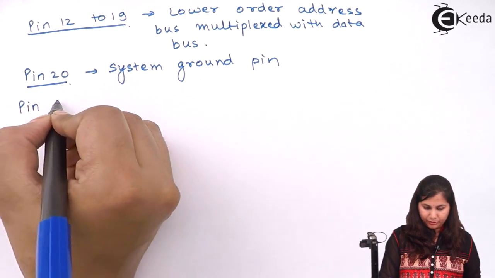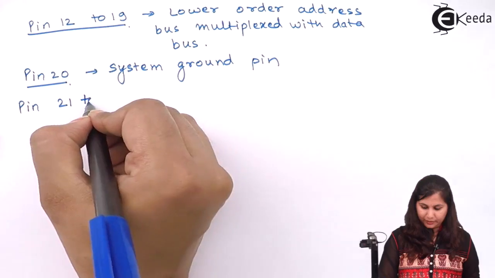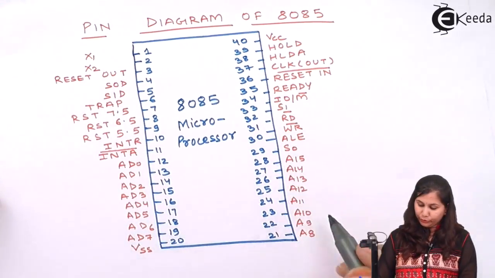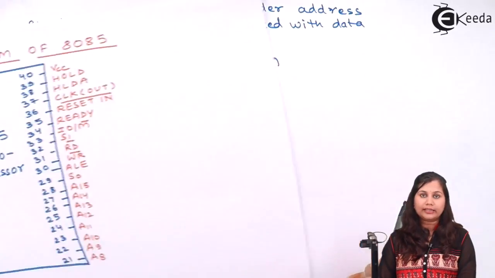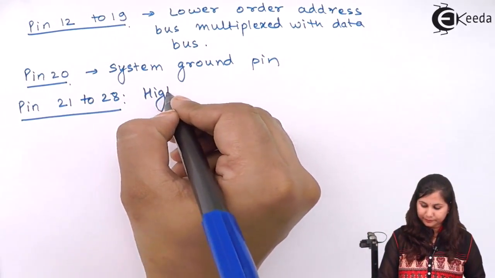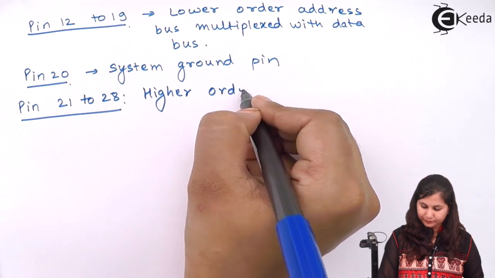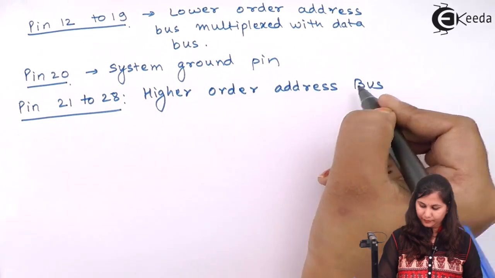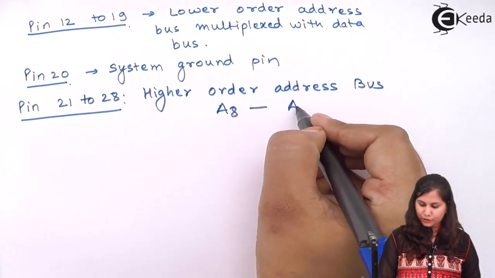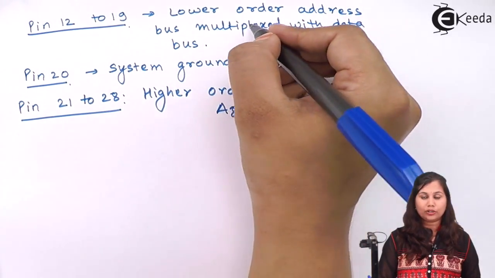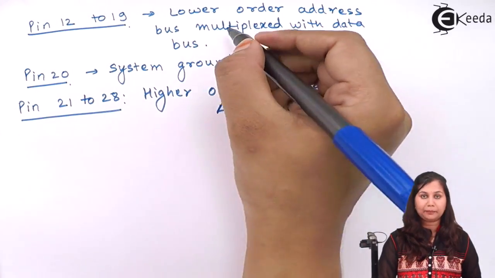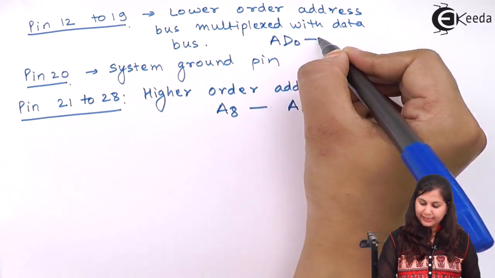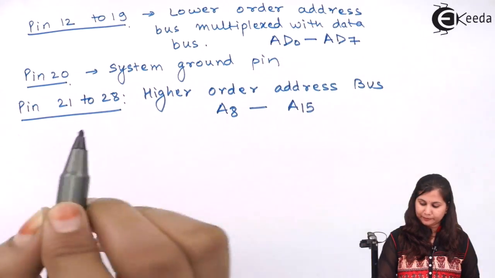Then we have pin number 21 to pin number 28. At 21 to 28 we have the higher order address bus, starting from A8 to A15, and the lower order address bus, which is present at pin number 12 to 19, multiplexed with the data bus, so it is represented as AD0 to AD7.